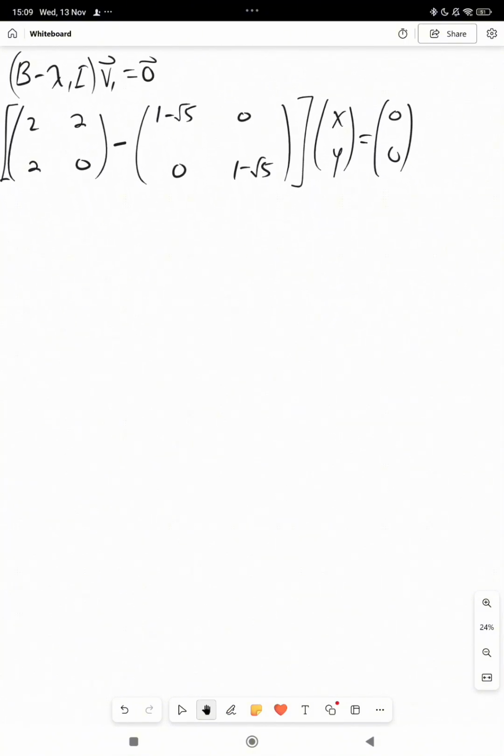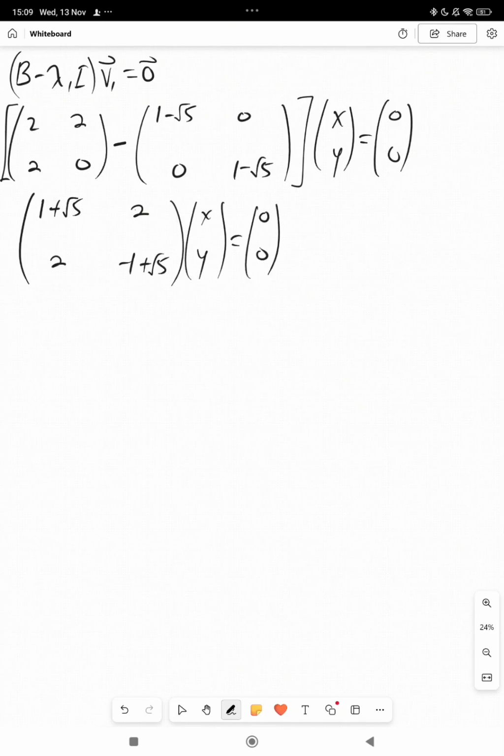Okay, next we simplify. We have 1 plus root 5, 2, 2, and minus 1 plus root 5, times x, y equal to 0, 0. We use the first line.